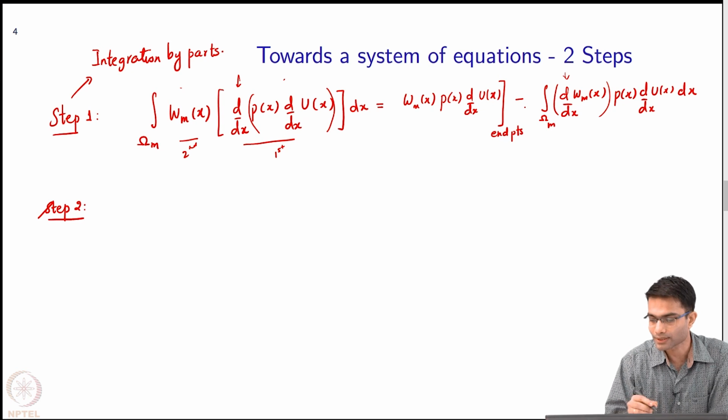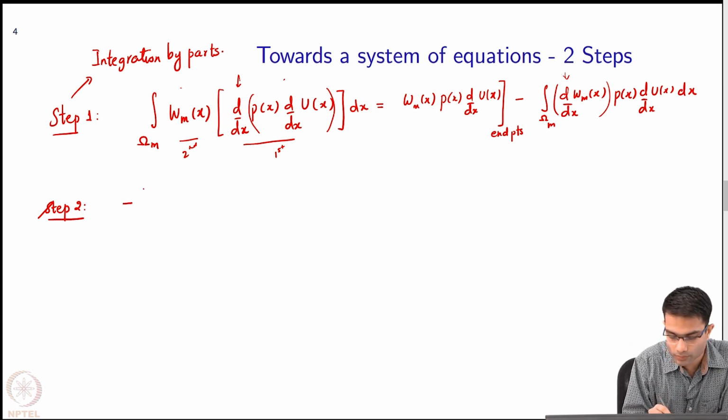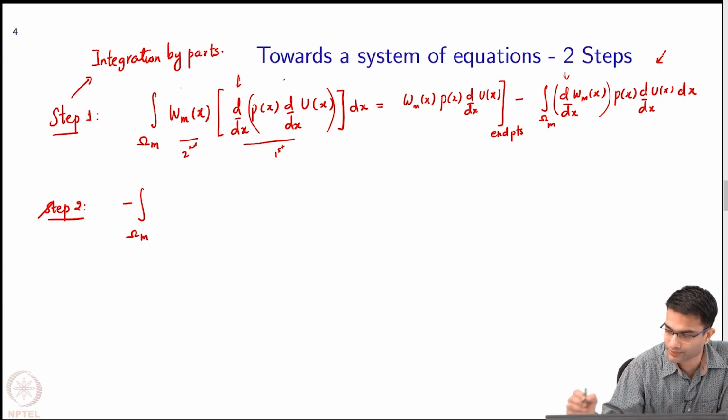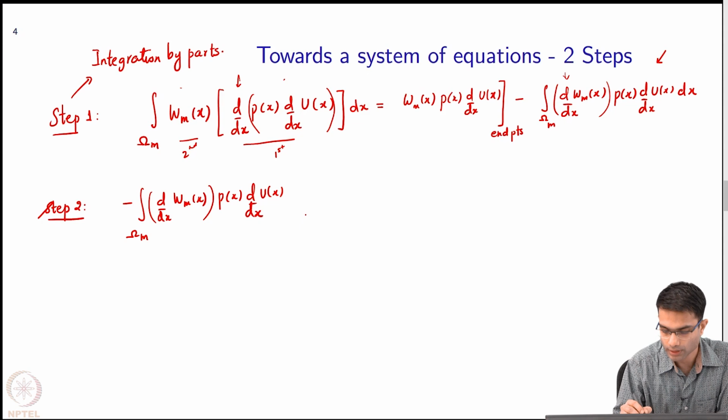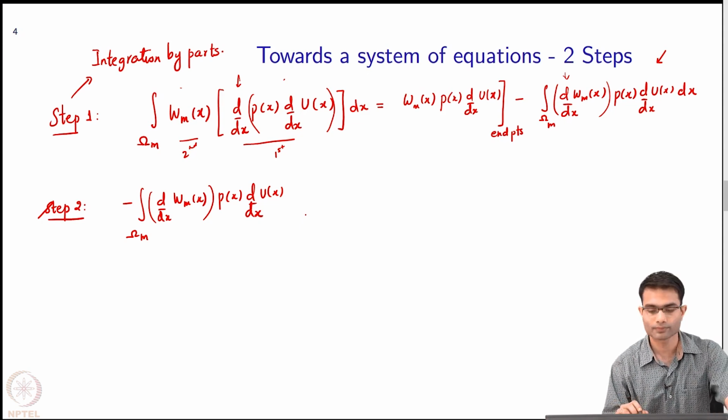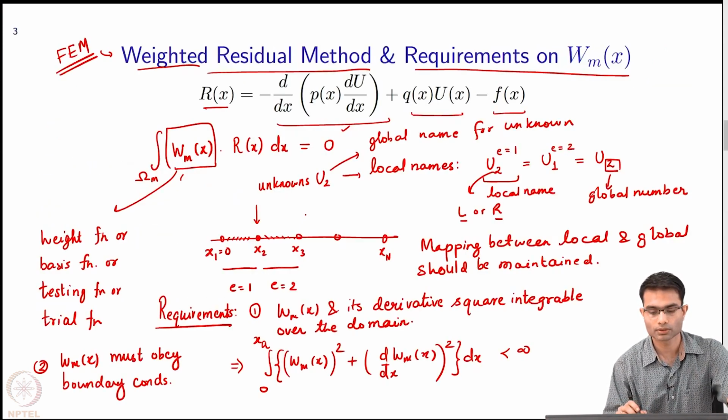Okay. So, let us write this out. The first term I am going to write as, omega m, d by dx of wmx, px du by dx. First term is taken care of. Second term was qx ux.